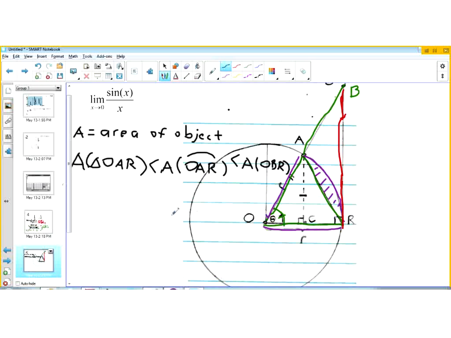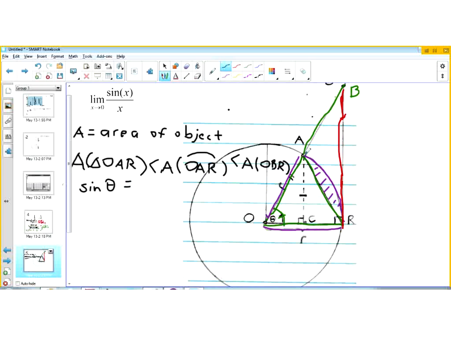Now, here's an interesting fact. From trigonometry, we know that the sine of an angle, in this case theta, in a right triangle is the length of the opposite leg divided by the length of the hypotenuse.